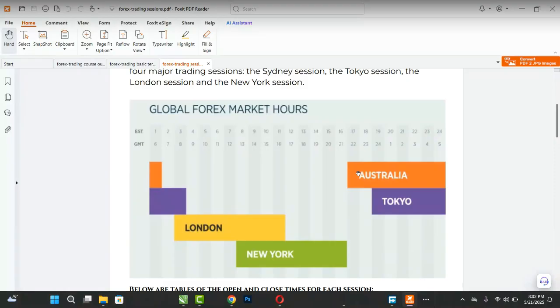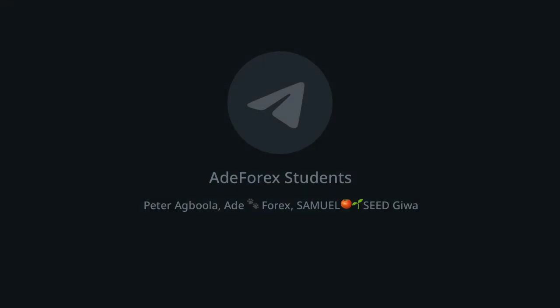So in that kind of pair, you want to look for the one that has more volume and more strength. We know the US dollar is a strong currency and they have a strong economy, which means you want to focus on the New York opening for strong volume when you are trading that kind of pair. Do I answer your question? Yeah, I understand. All right.